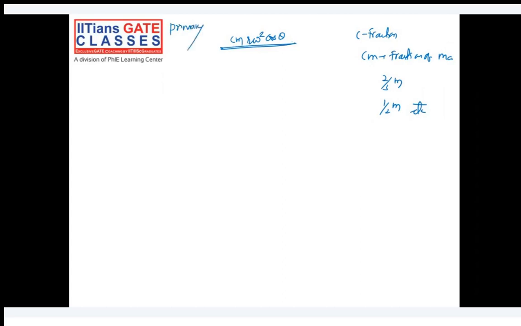Your primary unbalanced force, let's say if you are using 2/3 of the mass, and primary in this case is the horizontal force I'm talking about, is (1 minus c) times m r omega square cos theta. Do you agree?